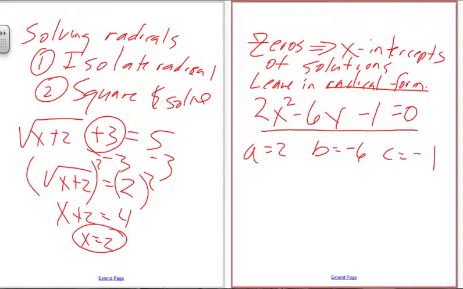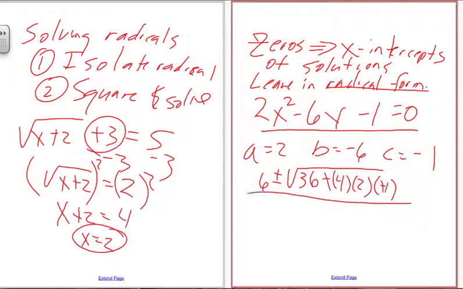We're going to have 6 plus or minus the square root of minus 4 times 2 times negative 1. The negative and the negative make it plus, all over 4.